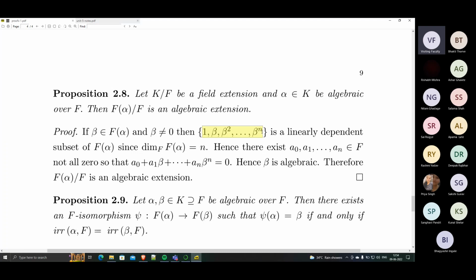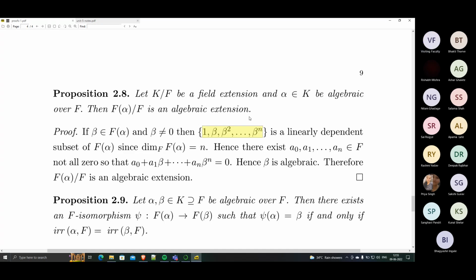So any set of n plus 1 vectors in an n-dimensional vector space is linearly dependent. Correct? This you should know from linear algebra. If the dimension is n, any set of n plus 1 vectors is linearly dependent.